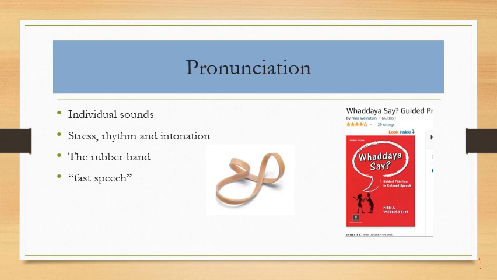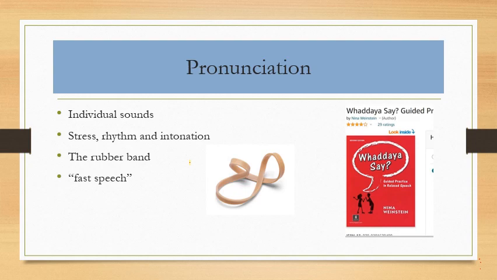Pronunciation. When you're talking about pronunciation, you can focus on individual sounds, for example, t and d, or r and l. Another part of pronunciation is stress, rhythm, and intonation. That's the music of English. Some languages are very regular: bump, bump, bump.